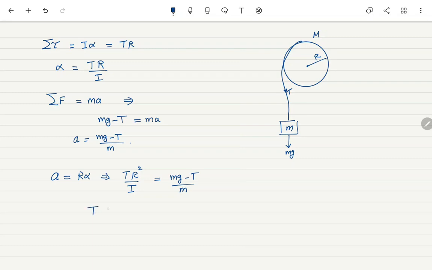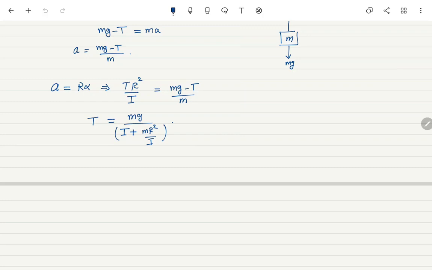Now the tension in this case is equal to mg divided by 1 plus r square over I. Now use the obtained results.